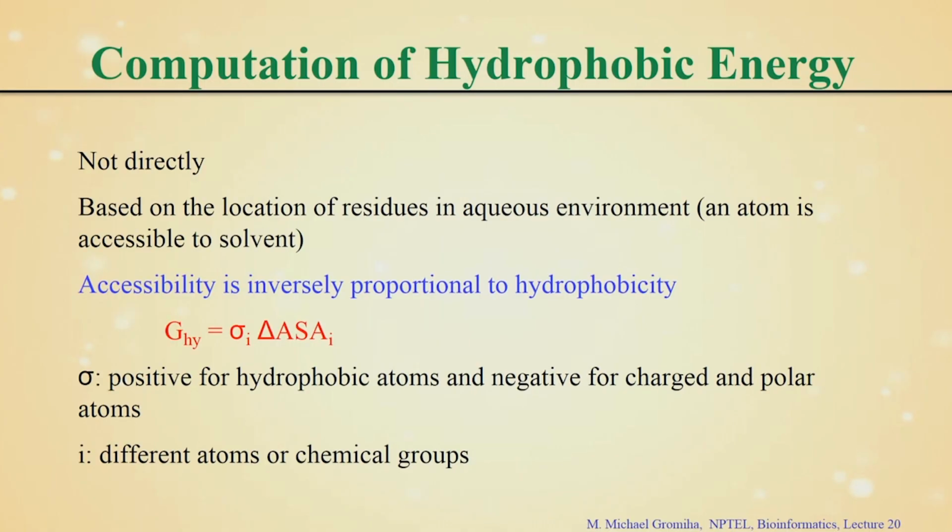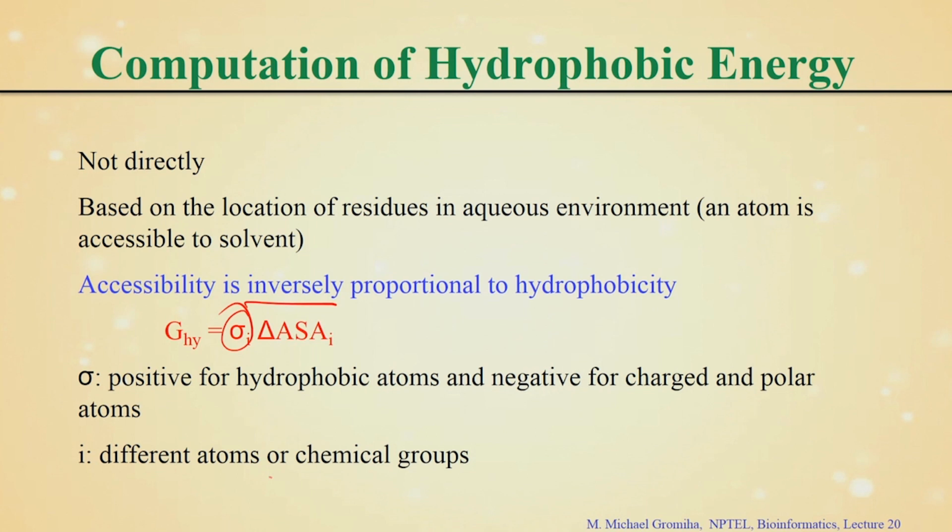Then we convert this solvent accessibility to calculate the hydrophobic free energy. I will show you how to do that. We know that accessibility is inversely proportional to hydrophobicity. So, we can write G_hy, the hydrophobic free energy, which is proportional to delta ASA_i. For this proportionality we put sigma_i, the atomic solvation parameters, which describe how different groups of atoms like carbon, hydrogen, nitrogen or oxygen behave in the protein environment.